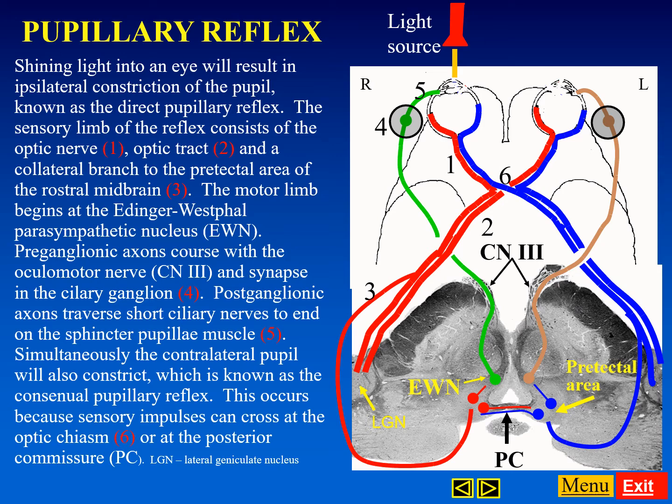The pupillary reflex, like all reflexes, has a sensory limb and motor limb. And this reflex will have two components, a direct response and an indirect response.